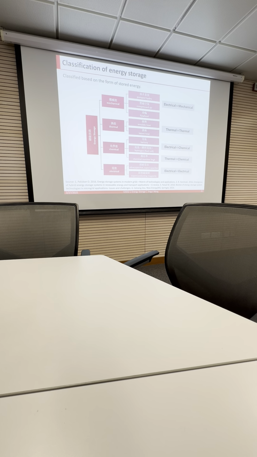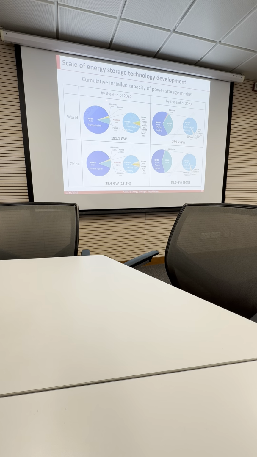This slide gives you an overview of what the market is like today. You can see by the end of 2020, in the world there is about 200 gigawatts of total installed capacity of energy storage.